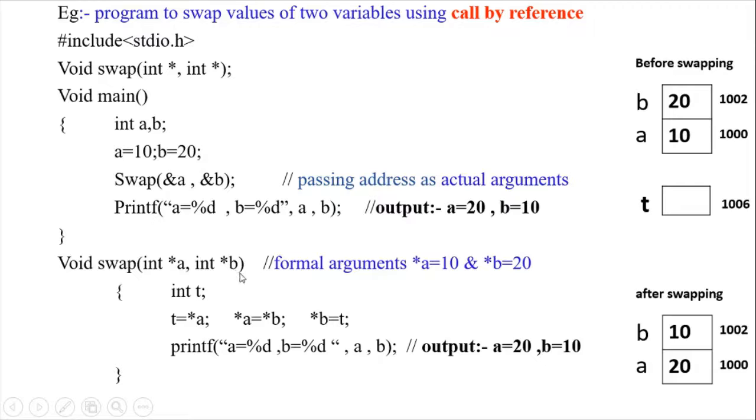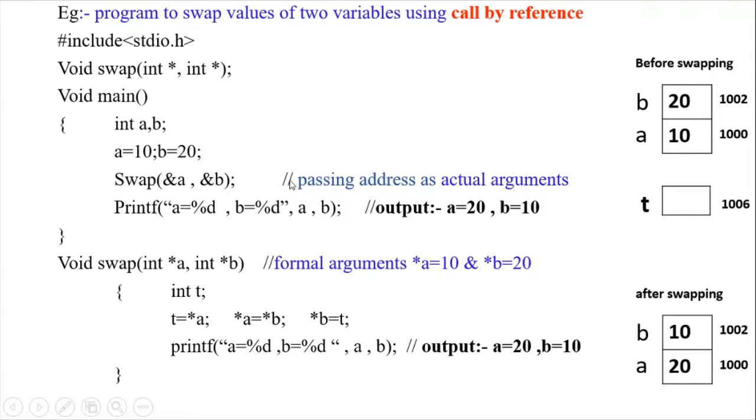So star b means the data or content of that location b. Like that, swapping will occur here, and whenever we go back to the main function, the permanent changes will have happened for this a and b. So the required output will be there. That means swapping happened here.